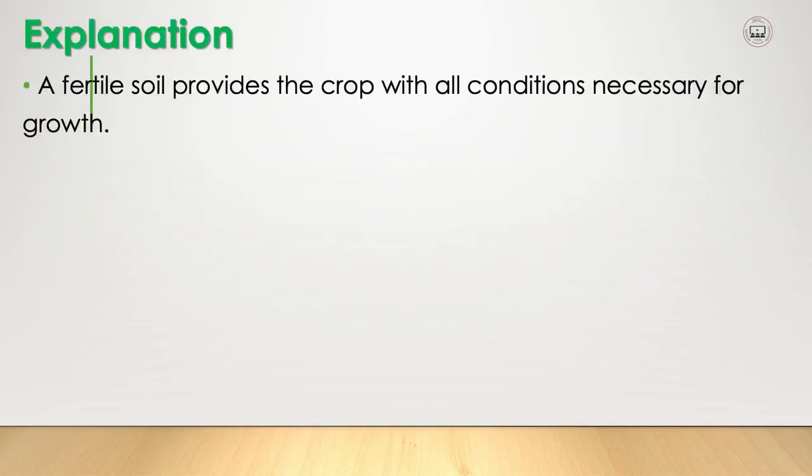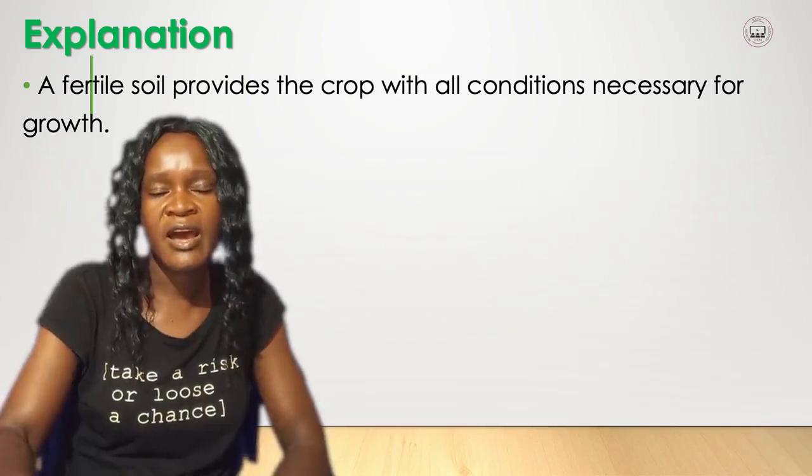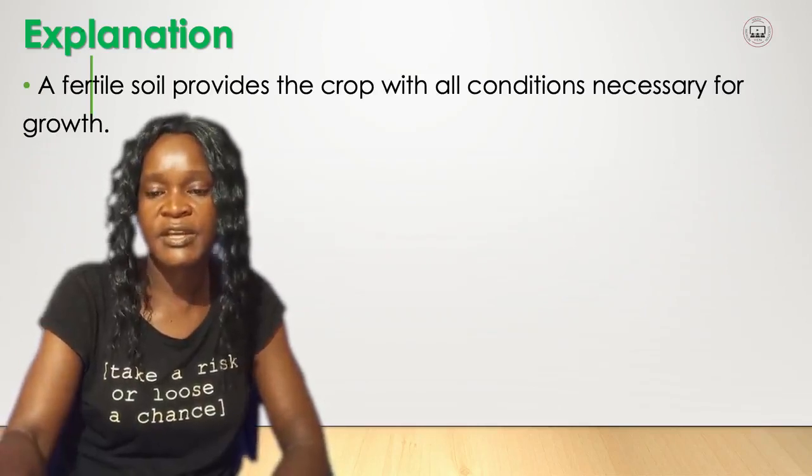The reason behind this could be, as we have already explained in the meaning of soil fertility, that a fertile soil provides the crop with all conditions necessary for growth. So that's why there was a high growth rate.